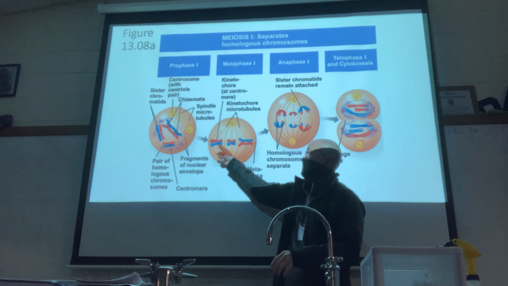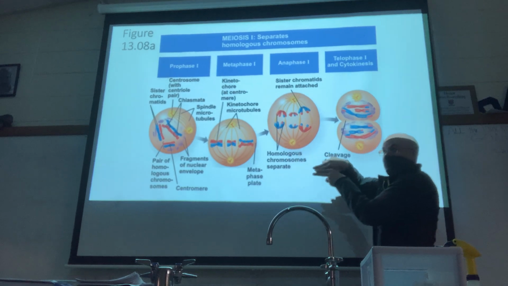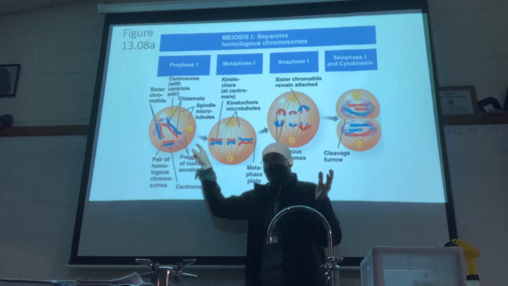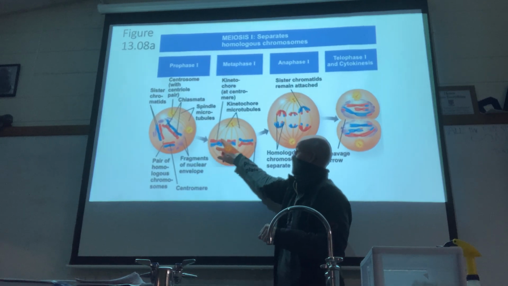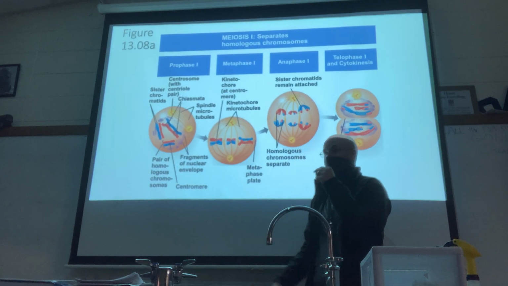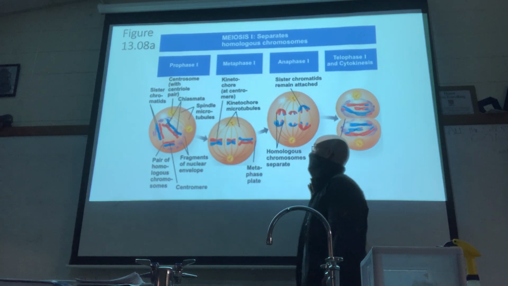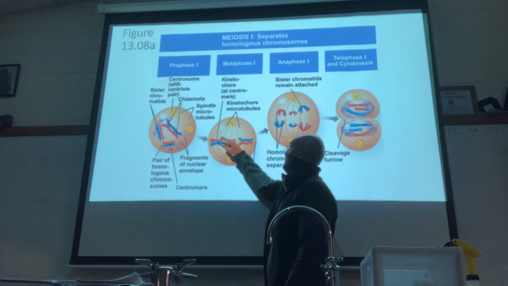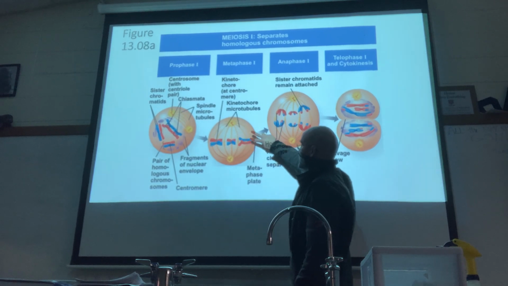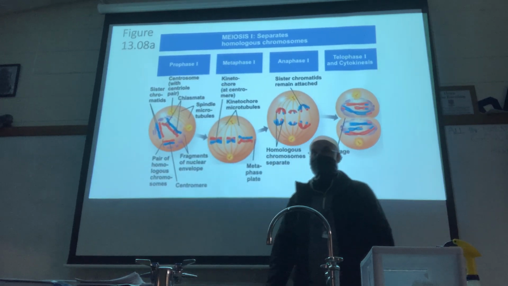Here, pairs line up side by side in the middle. Homologous pairs, which is the name for a matching pair of chromosomes, line up side by side in the middle of the cell. So they're side by side, the maternal and paternal. The matching pairs line up side by side in the middle.